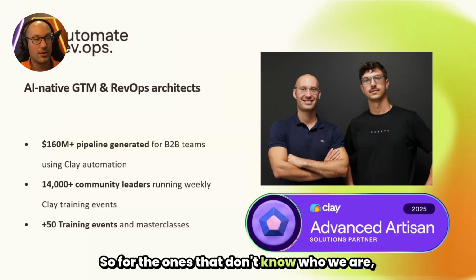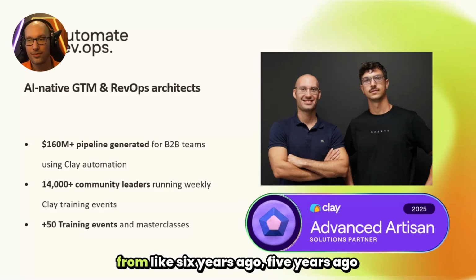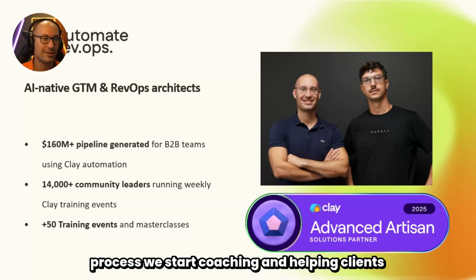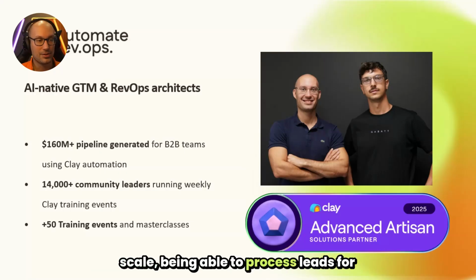For those who don't know who we are, Marcos and I have been running a lead gen agency for about five years. Then we started using Clay, and in the process we started coaching and helping clients do the same things, like delivering leads at scale and processing leads for outbound sequences at scale as well.